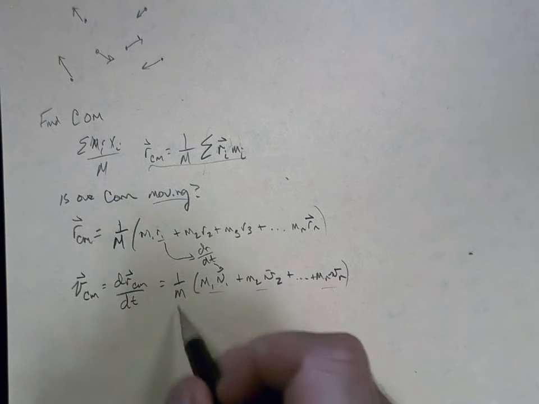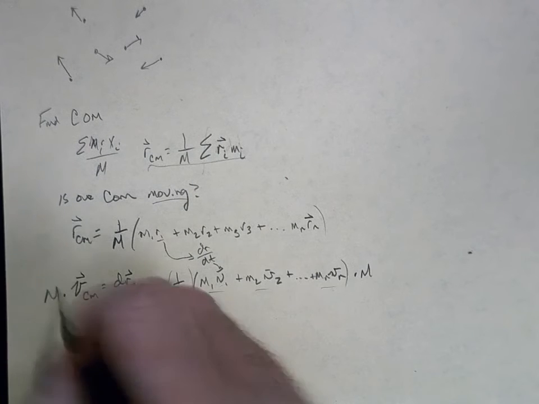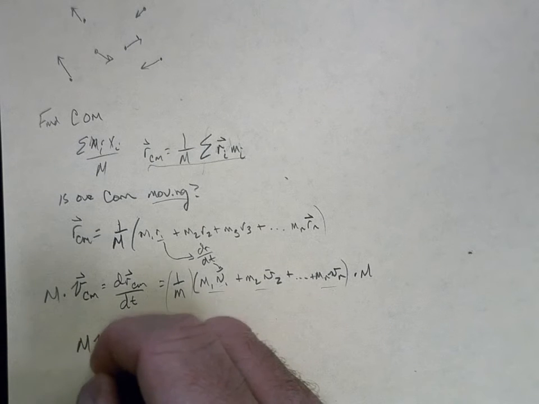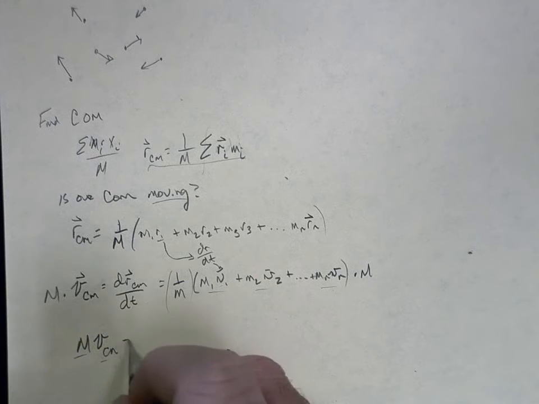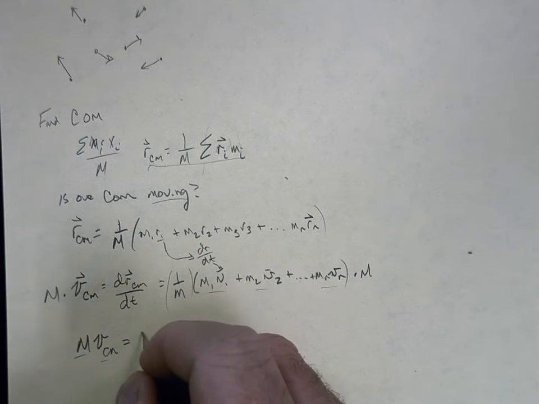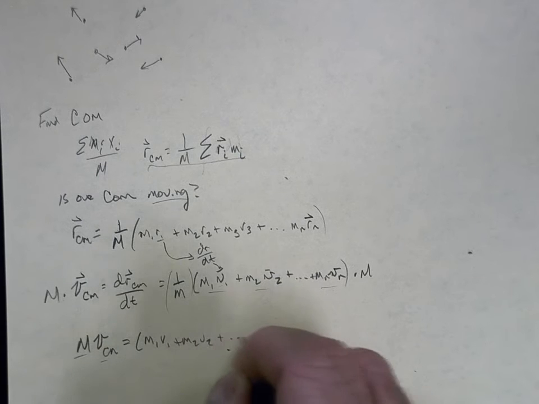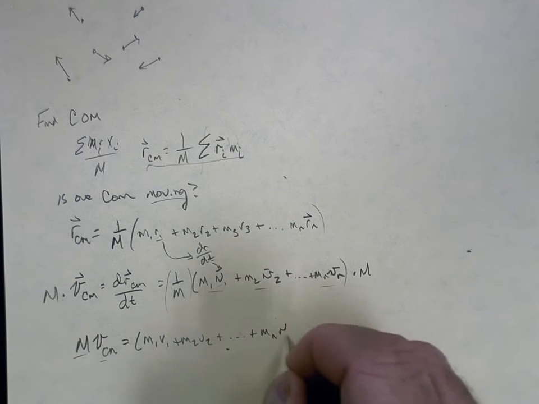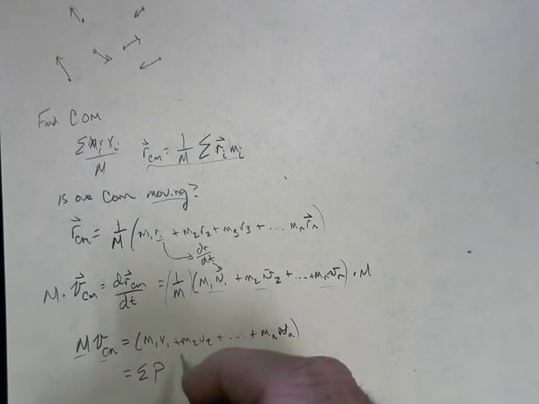And if we multiply both sides by our mass M, then the total mass times the velocity of the center of mass, which would be the general momentum of the entire system, is really going to equal m1 v1 plus m2 v2 plus and so on to m_n v_n, which is really just the sum of the momenta of each particle.